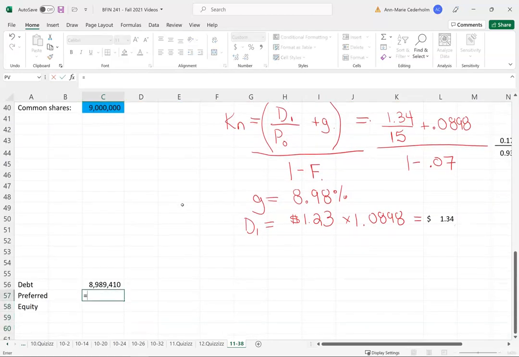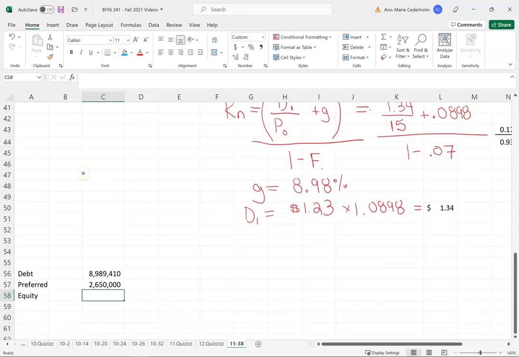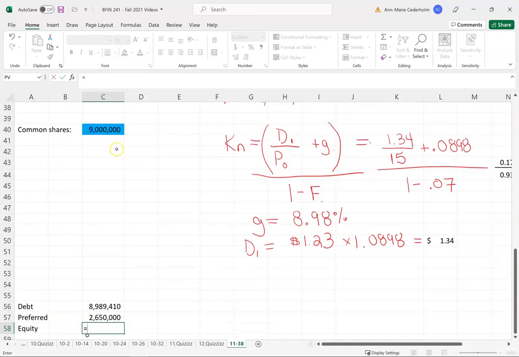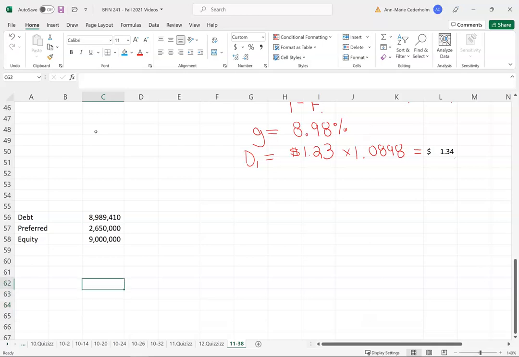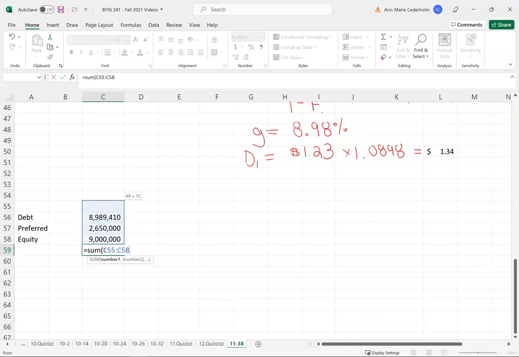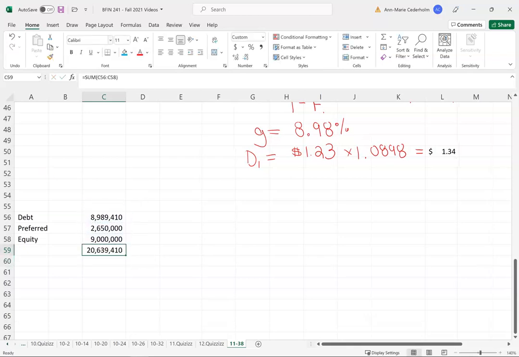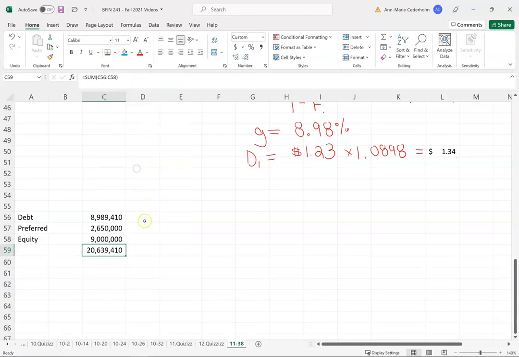I'm going to grab my preferred, and that's 2,650,000, and I'm going to grab my common shares. So that's 9 million. So if we add all those together, that ends up being 20,639,410.